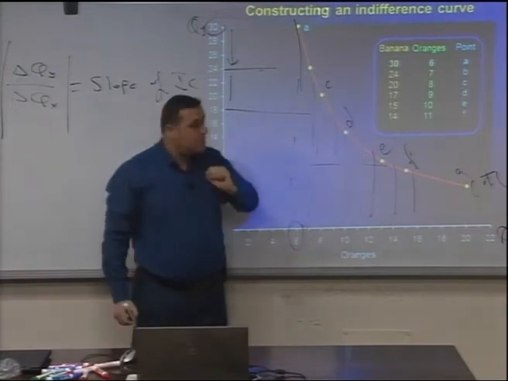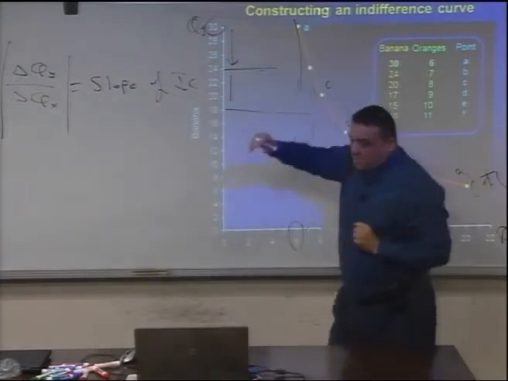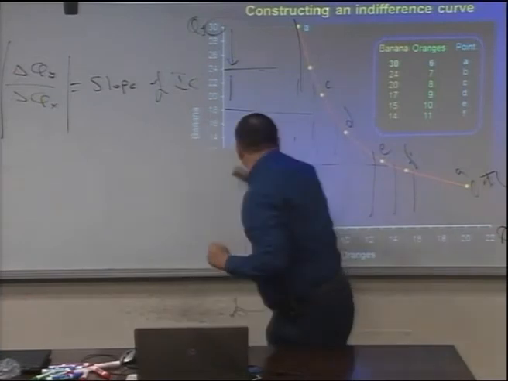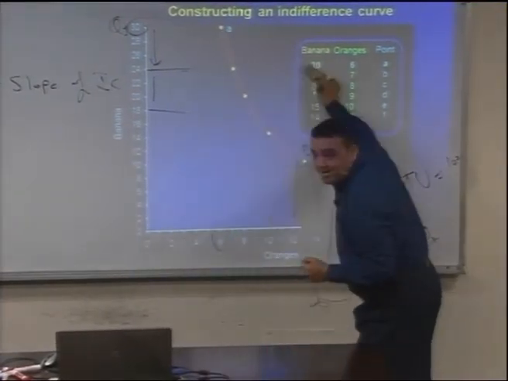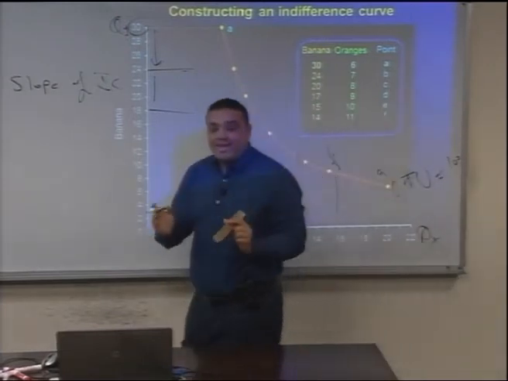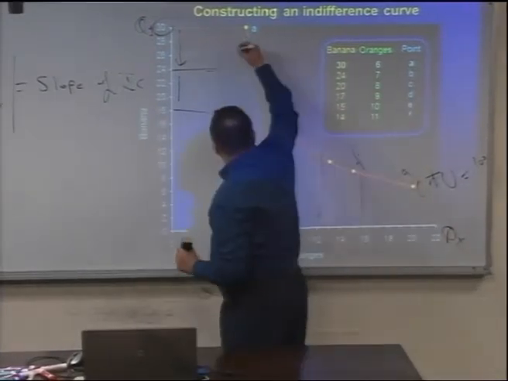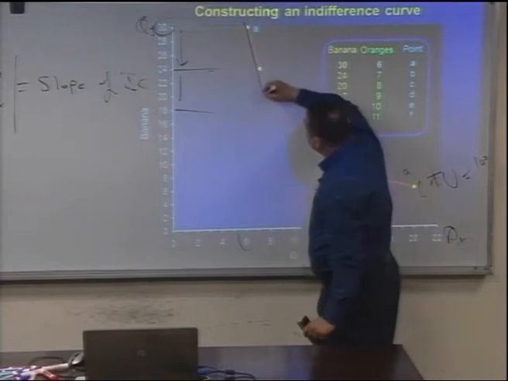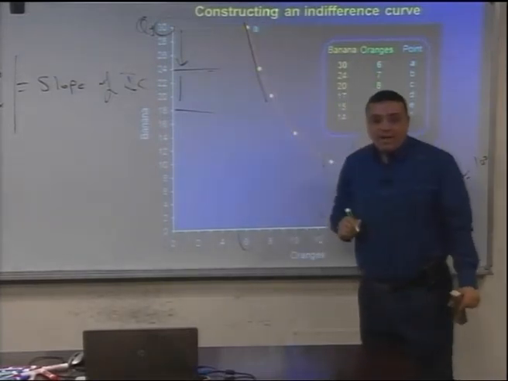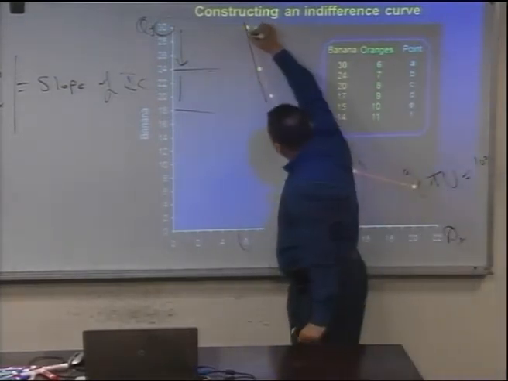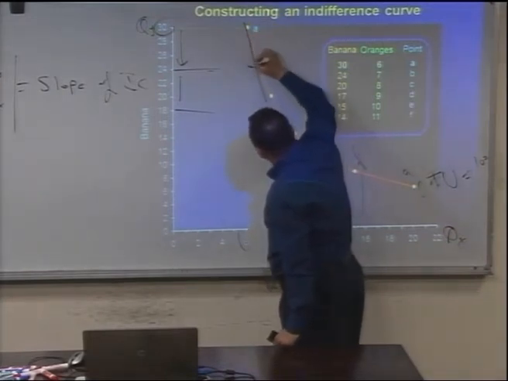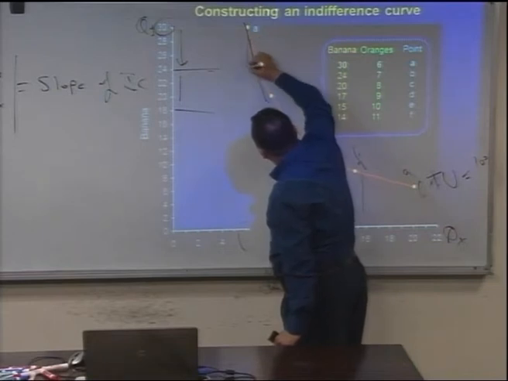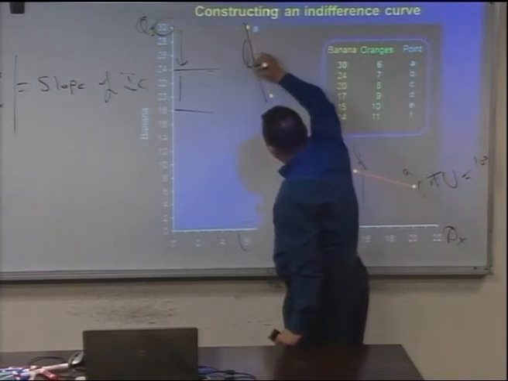Along point A, we have to draw a tangent line and a triangle. And we have to calculate the slope of this triangle: height over pace.